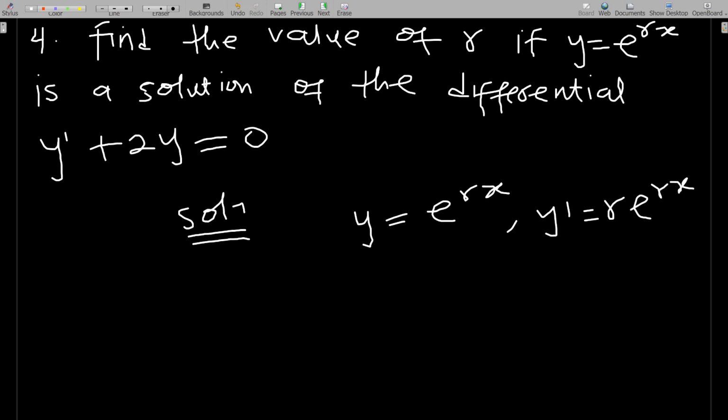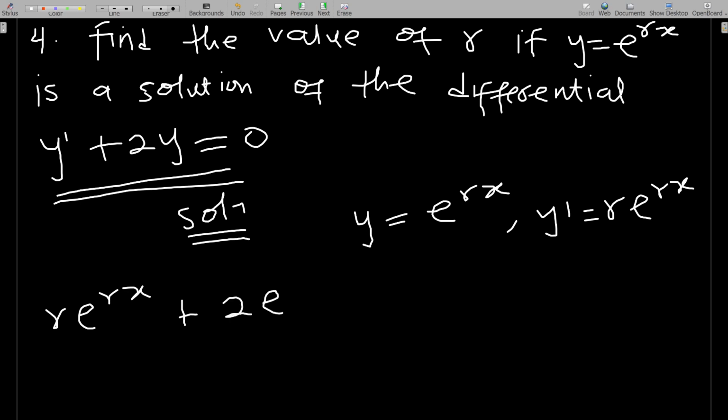Okay, so you know how to differentiate your exponential function e to the rx. Then this means that if I put everything back in this, I should get the right side, since this is a solution. So y prime is r e to the rx plus 2y, which is 2 e to the rx, and this should give me 0.